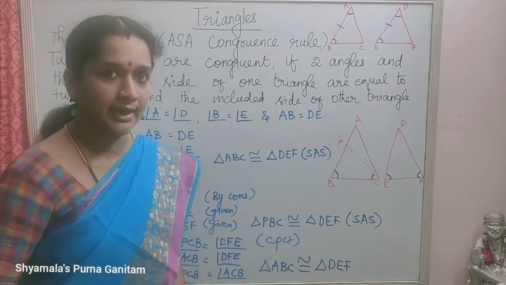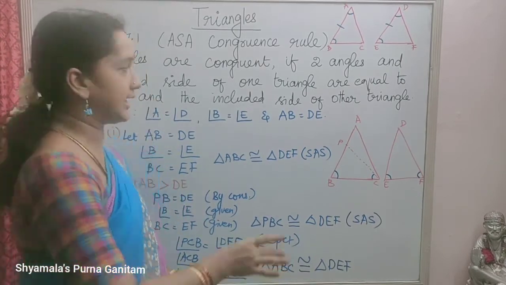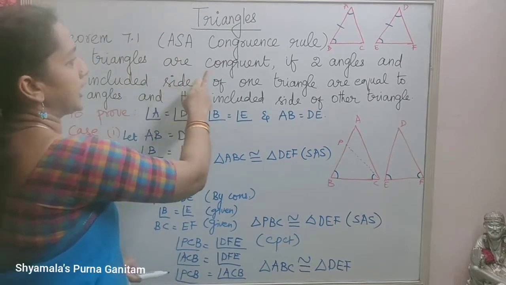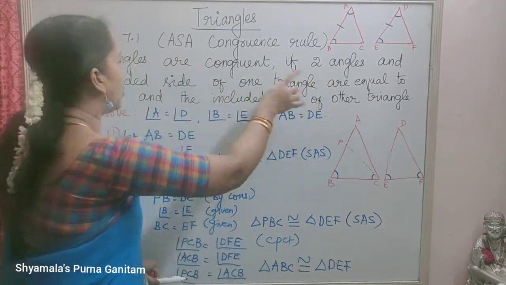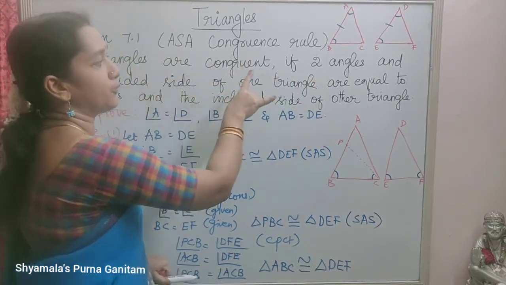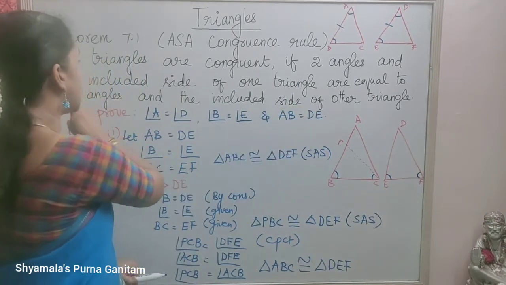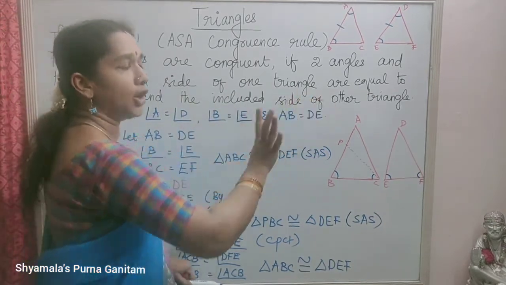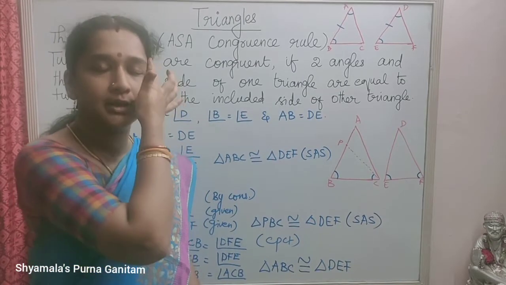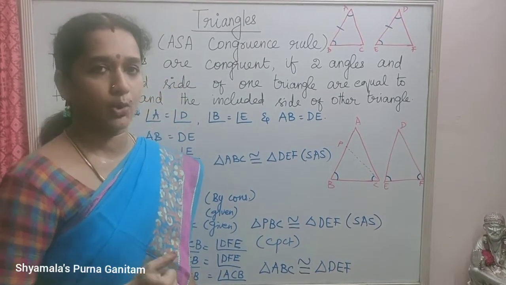So only these are the 3 cases. So with these 3 cases we have proved that two triangles are congruent if two angles and the included side of one triangle are equal to two angles and the included side of the other triangle. So this is the proof for ASA congruency.